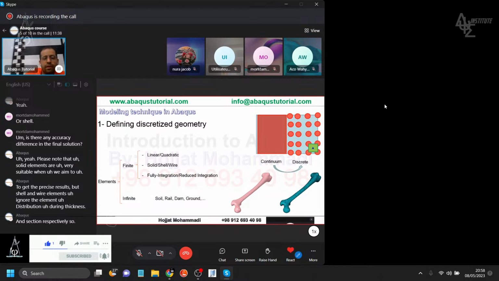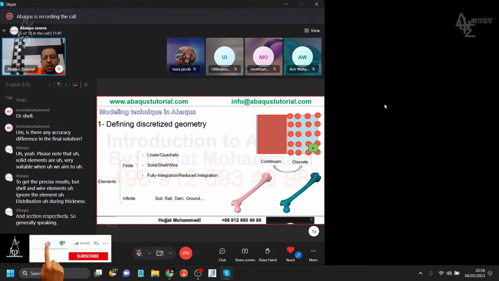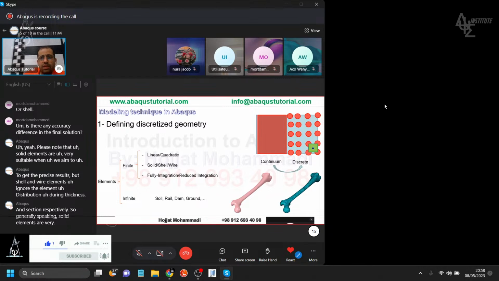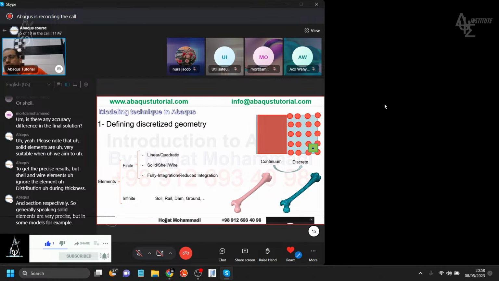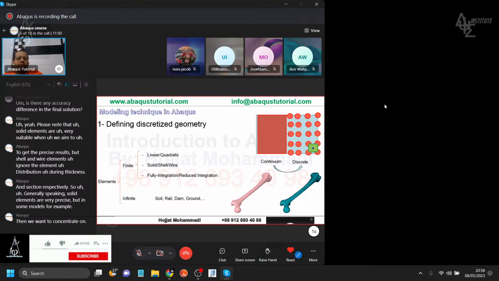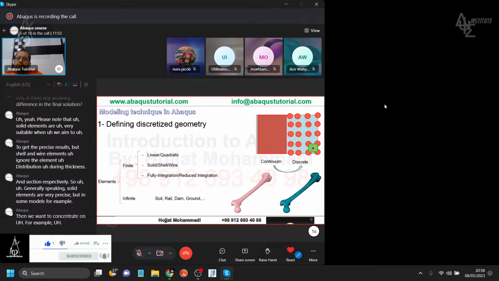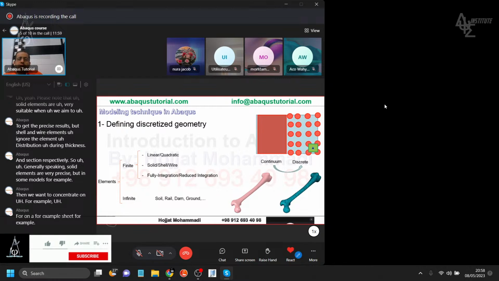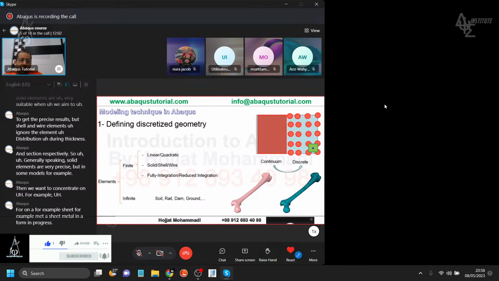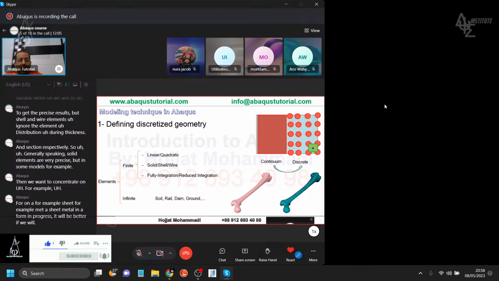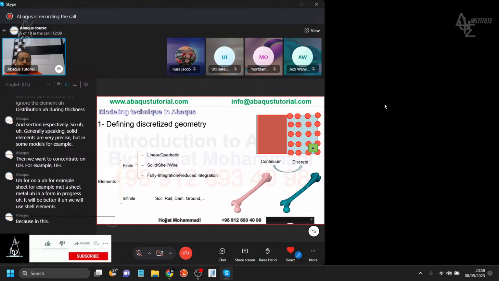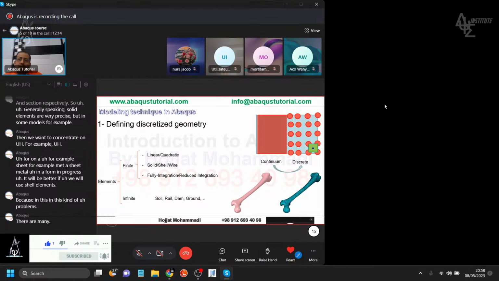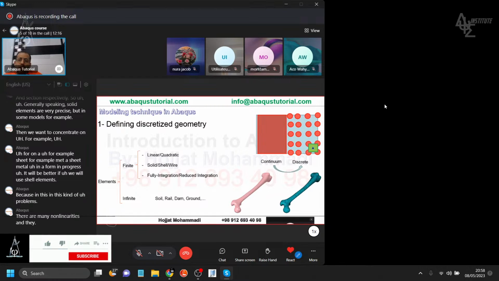So generally speaking, solid elements are very precise, but in some models, for example, sheet metal in a forming process, it will be better if we use shell elements, because in these kinds of problems there are many nonlinearities, and they make our problem very hard to solve.